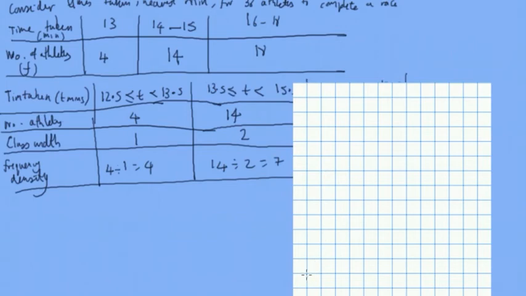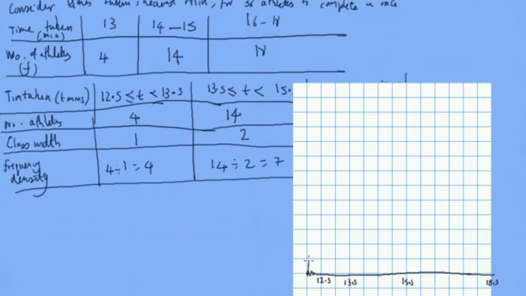Again, we're going to do the concertina thing, and our x-axis is the time, so we've got 12.5, 13.5, that'll be 14.5, 15.5, 16.5, 17.5, and then over here is 18.5.